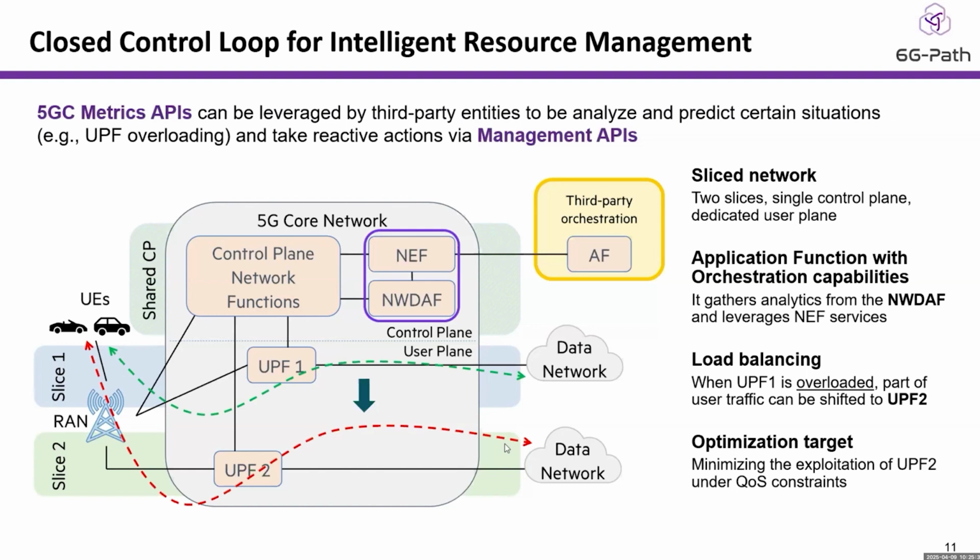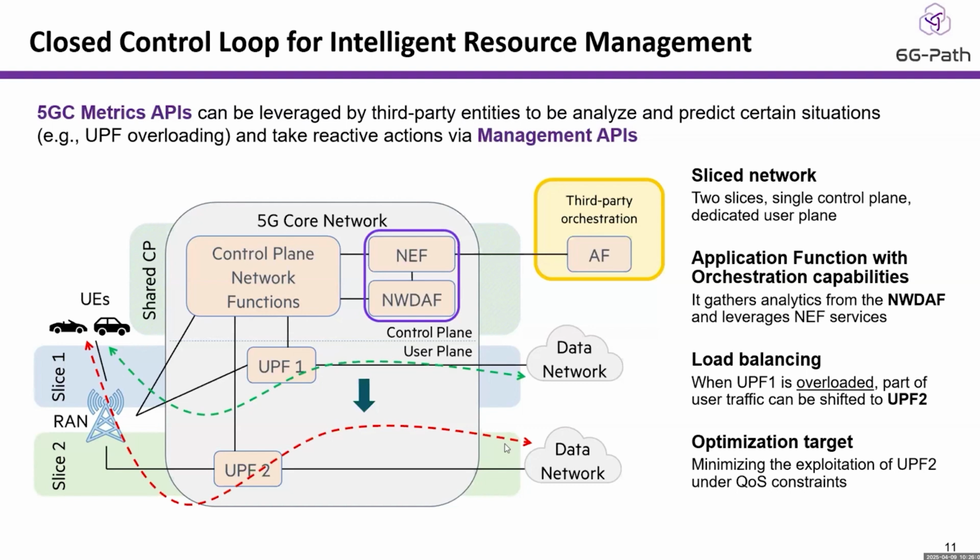And they want, of course, to ensure that they have enough user plane resources to serve their end users on the other side of the 5G system. But also they don't want to pay too much for these resources. So what they are facing is a scenario in which they want to be sure that their dedicated UPF1, for instance, is never overloaded.